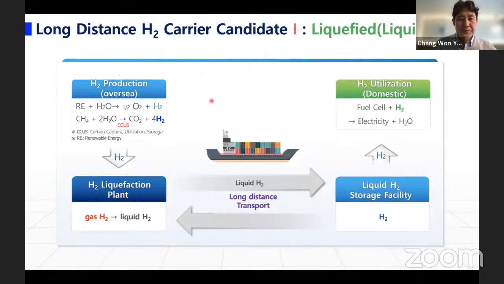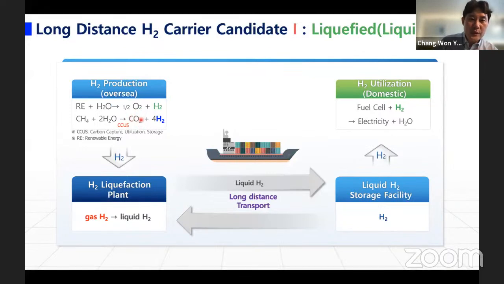hydrogen carrier. The concept here is that overseas, in Australia and the Middle East, there is super cheap electricity, and we produce hydrogen from water, which means this hydrogen is called green hydrogen. Or we can use LNG, the natural gas, and a steam reforming process to produce hydrogen and CO2, and we capture and store the CO2.